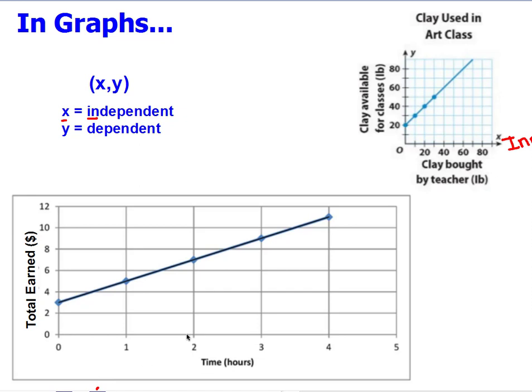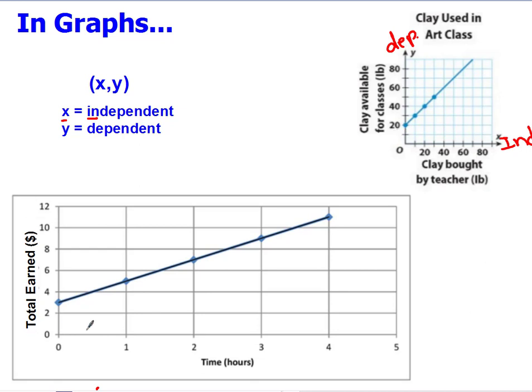Just write independent variable. And then our y-axis is going to be our dependent variable. Because you need to know how much clay the teacher bought in order for you to determine how much clay the class is going to get.